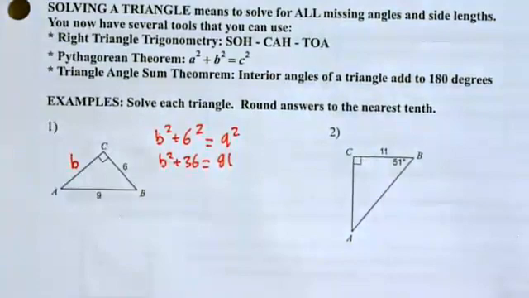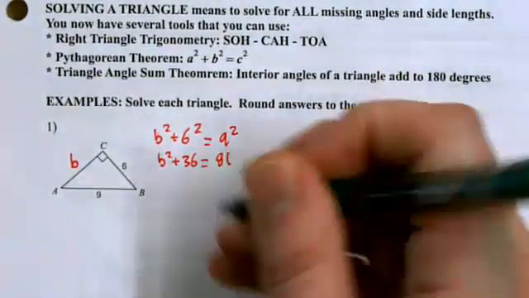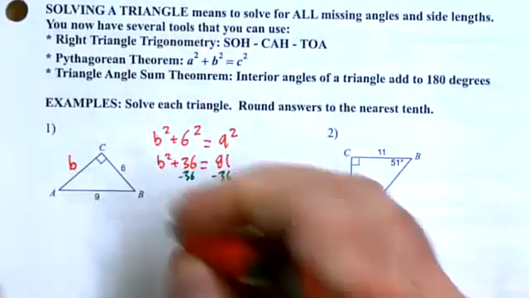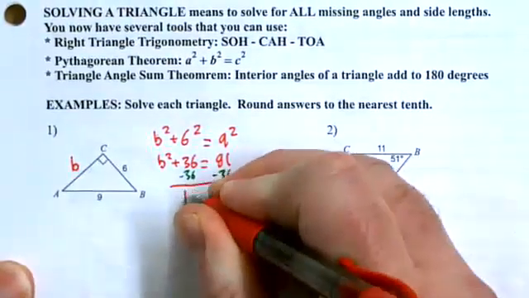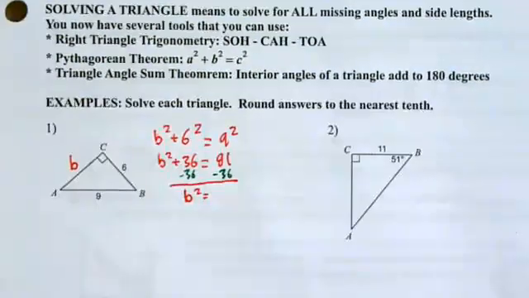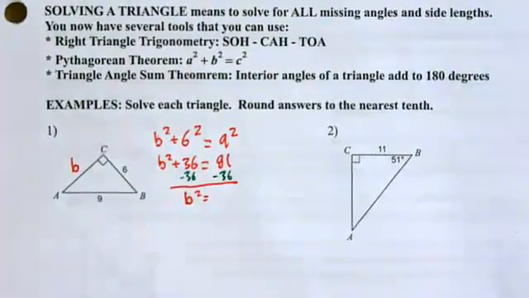What are you going to do next to solve this? Minus 36 both sides. 81 minus 36, my mental math muscles are a little weak today, is 45.